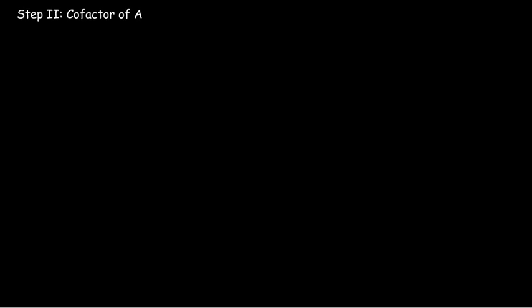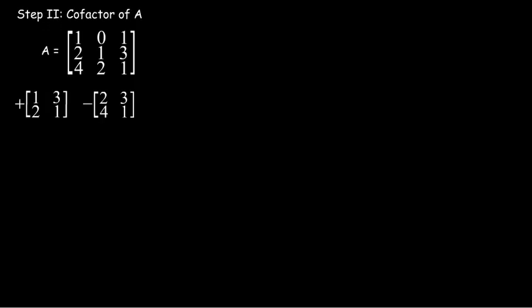Now for our second step, which is the cofactor of our matrix A, using cofactor elimination, we are going to be getting the smaller matrices. What we are going to be doing is getting each smaller matrix and adding the sign at the same time for ease. So our first element becomes plus the smaller matrix 1 3 2 1. Our second element becomes minus the smaller matrix 2 3 4 1.